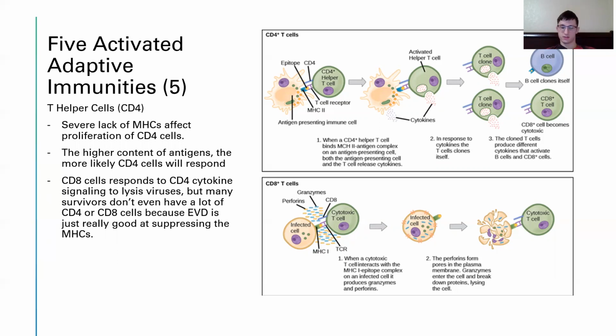It makes sense that there's going to be a much higher CD4 and CD8 response in people who might be infected longer or who might show a higher viral load. However, there are some survivors that don't even hardly show any CD4 or CD8 T cell responses, which is weird.